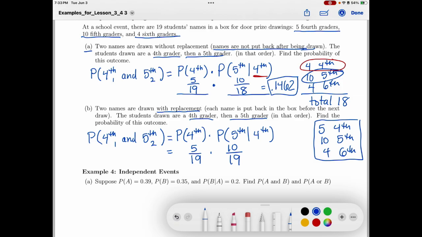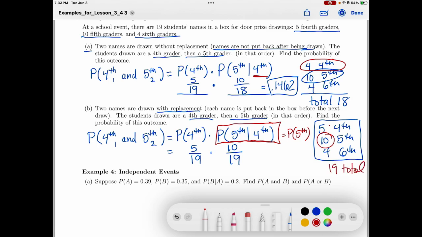So because these are independent and because we put that 4th grader's name back in the box, the probability of choosing a 5th grader given that a 4th grader has been picked is the same thing as saying what's the probability of getting a 5th grader, right?